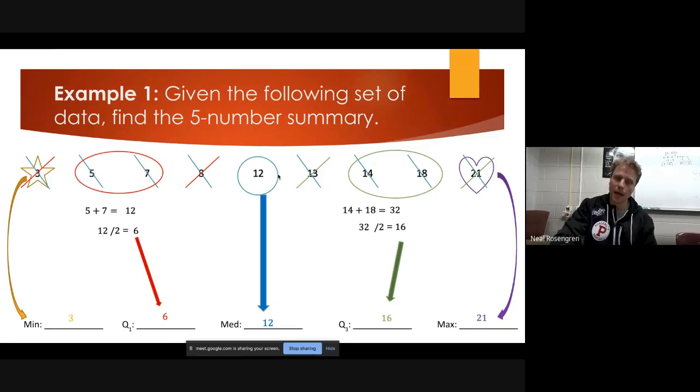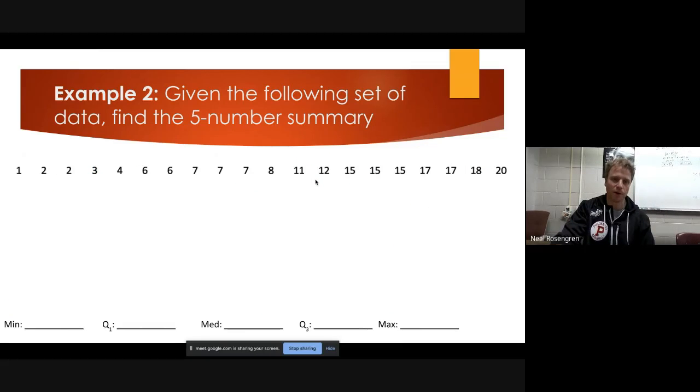When we have 9, we can find the median because there's an odd number, so there's going to be a middle. But because there were 9, I only have 8 numbers left, 4 for the bottom and 4 for the top. And because I have an even number of points left, there is no middle number. I'd have to find the average. Again, up here, 4 numbers left, so I have to find the average.